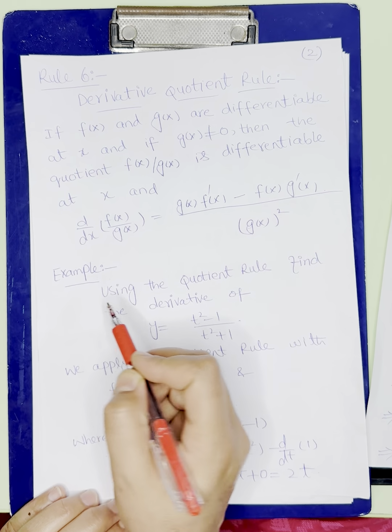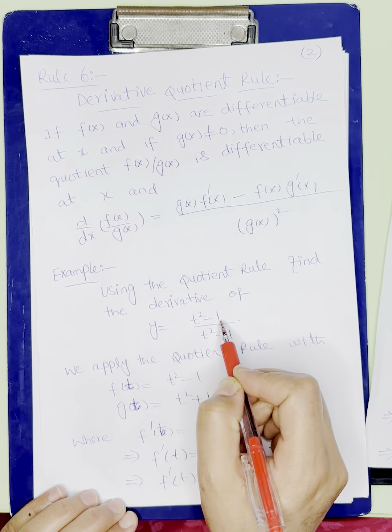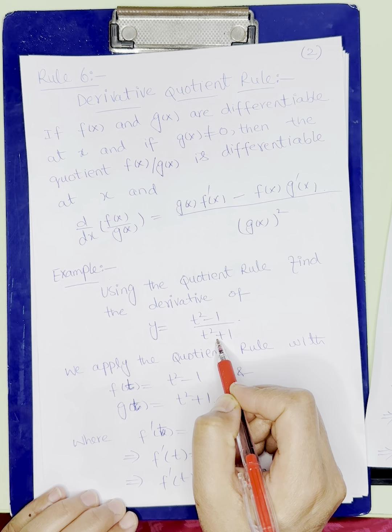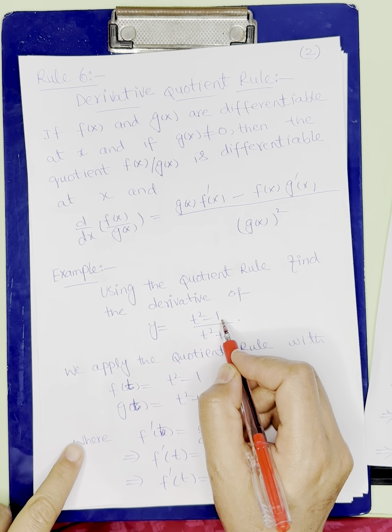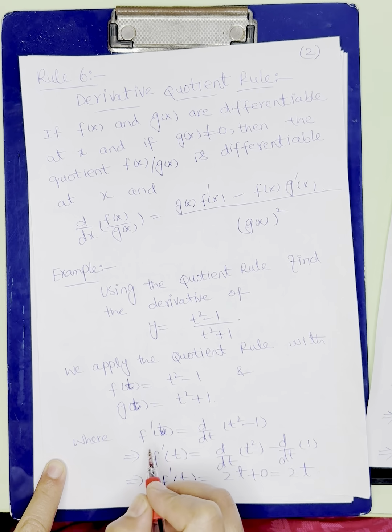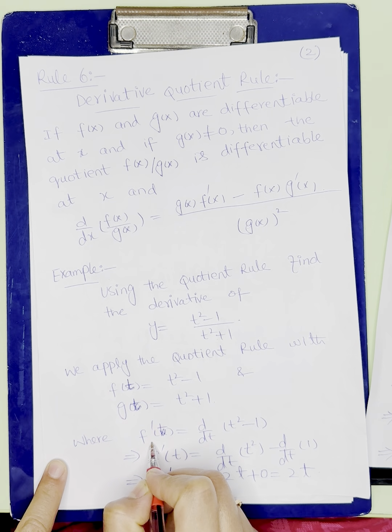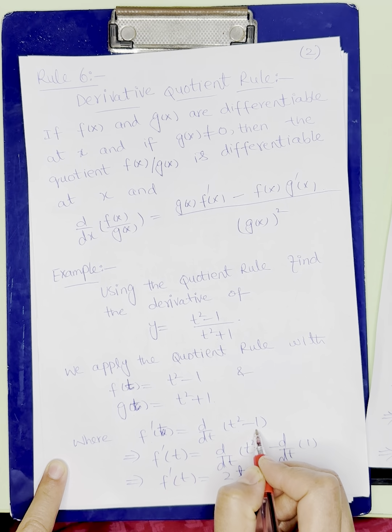For example, if we wish to find the derivative of y, which is equal to t square minus 1 over t square plus 1. In this case, f of t is represented by t square minus 1 and g of t is represented by t square plus 1. In this step, derivative of f of t is equal to d over dt of t square minus 1.